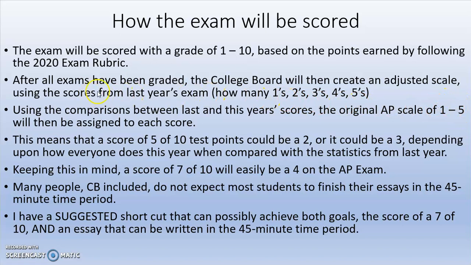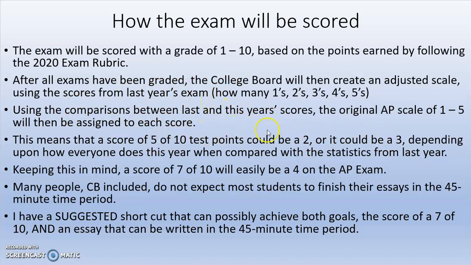They have to wait and see how everyone scores, and that's why they wait until all the tests have been graded to figure out which score earns a 5, a 4, a 3, a 2, etc. But looking at it in the simplest terms, if you think 5 is half of 10 on this score, that means on the modified score for the AP level, a 5 would be either a 2 or a 3, depending on how everyone does on the DBQ.